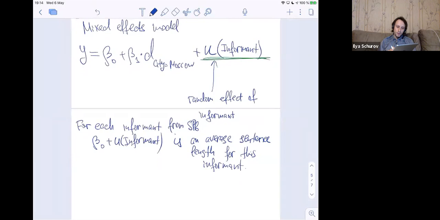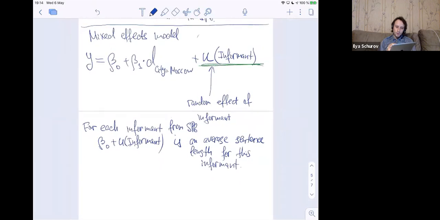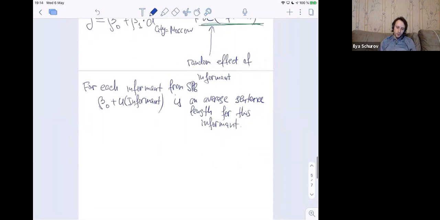And in this research, we used this mixed effects model, but not for just simple linear regression, but for logistic regression.